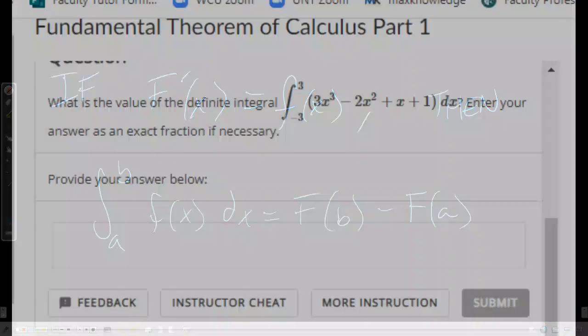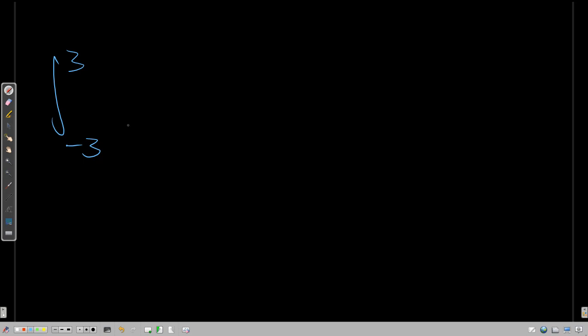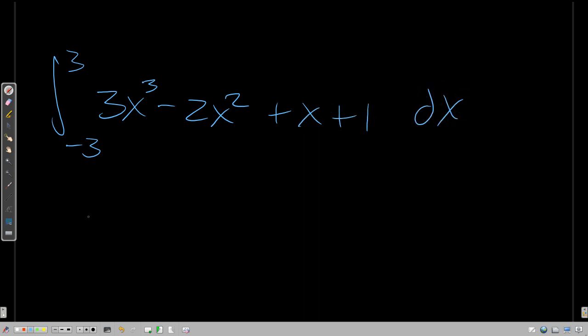So they've got here this integral, and it's the integral from -3 to 3 of that polynomial, 3x cubed minus 2x squared plus x plus 1 dx.